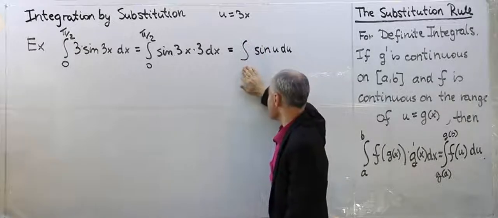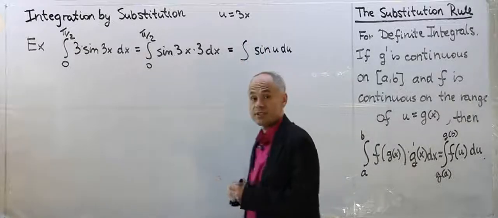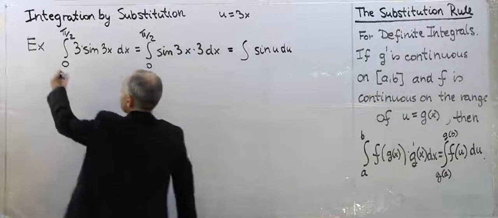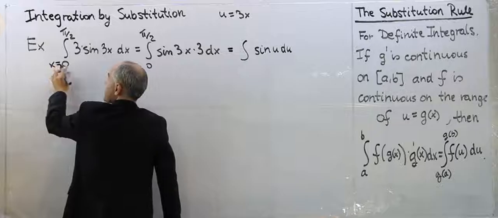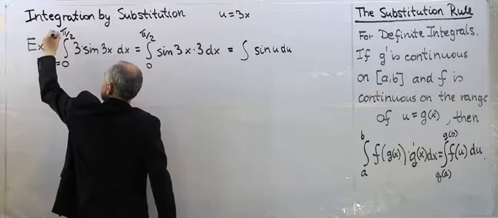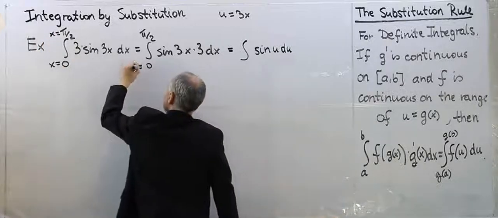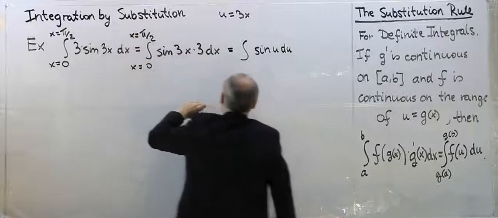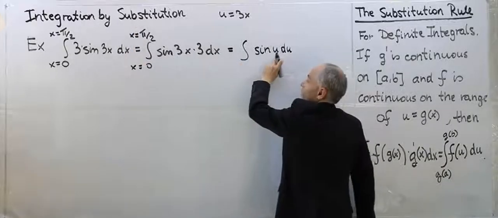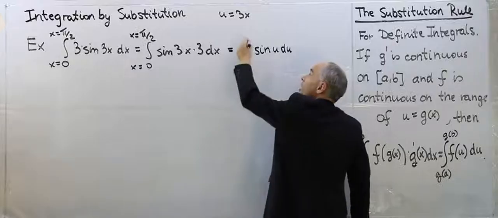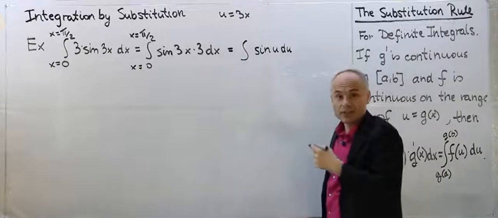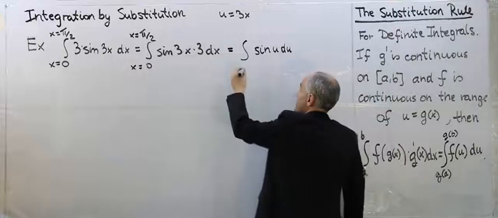In order not to make this mistake, I would suggest to write the limits of integration as x is equal to 0 to x is equal to pi divided by 2. And then here, you will remember that now I need to write the limits for integration for the variable u.